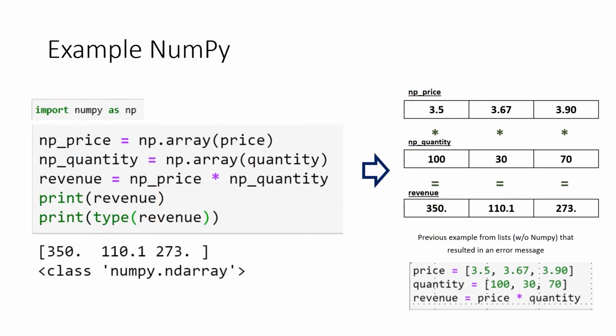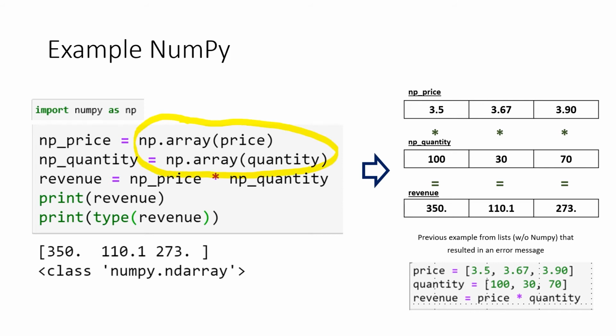Let's have another example of NumPy and how we can make simple calculations with them. In the beginning, we wanted to multiply each individual element of the list with the representative element of the other list. Now we can actually do that. Why? Because we transformed our lists to NumPy arrays in the first 2 lines.